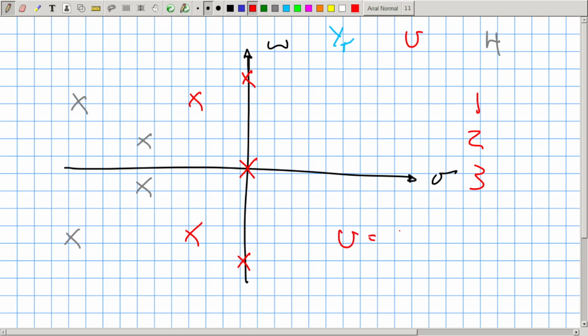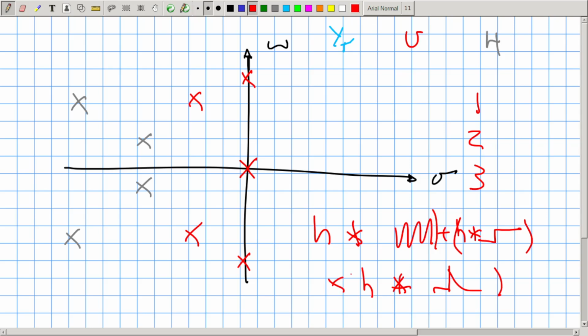U is going to be this plus this plus this. True? And if I do convolution of this stuff, convolution times h, isn't it h convolved with this plus h convolved with this plus h convolved with this?